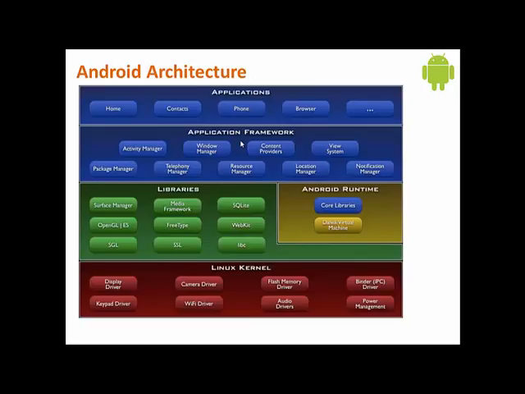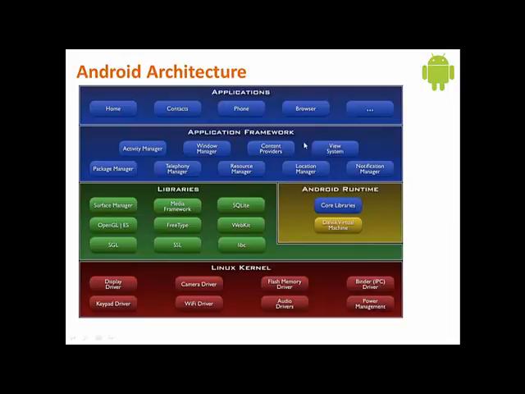So this is the architecture of Android. In this top layer, all your applications get installed. This is a framework which supports the top layer, and this is the supporting library layer, like SSL or SGL, any core libraries. Here is where all your apps get run.